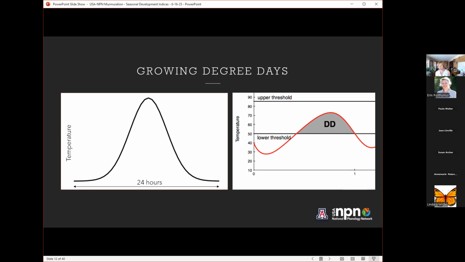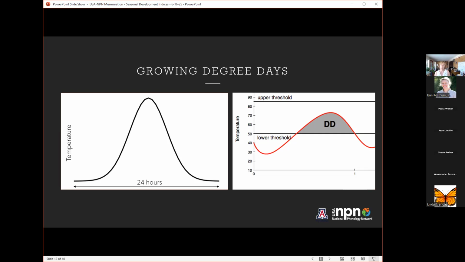What we know to be true is that in a lot of cases, organisms won't pay attention to any warmth that they're receiving if it's below a lower threshold. That lower threshold is biologically indicated, and we as scientists kind of guess at what it is.